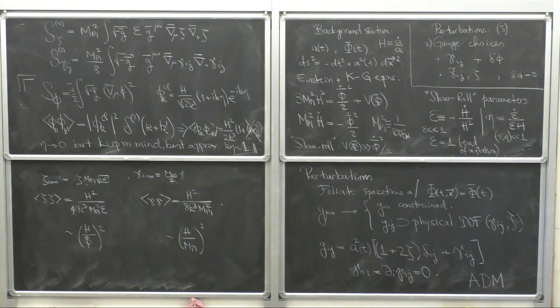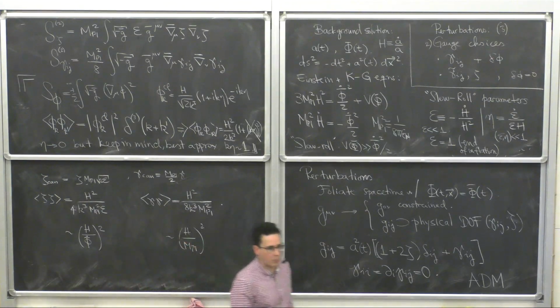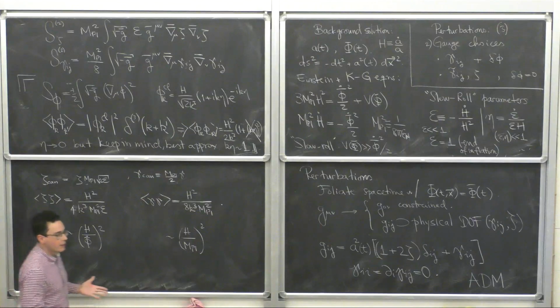So why do we care so much about measuring gravitational waves? Because if you measure them, you know the Hubble scale in Planck units. And 10 years ago, where were you? Like high school, grade school? Maybe don't tell me. So 10 years ago, there was a claim of detection of primordial gravitational waves.